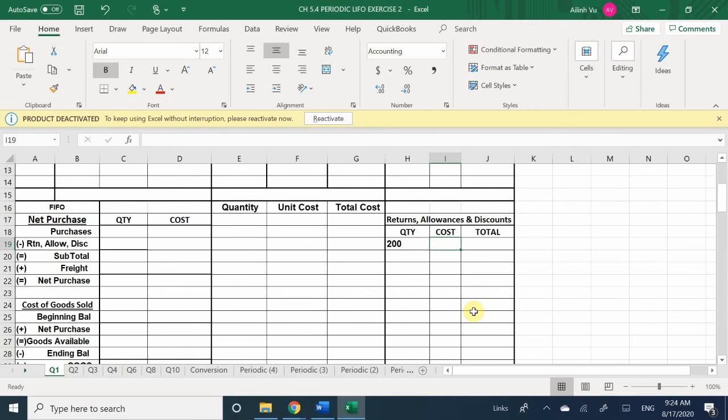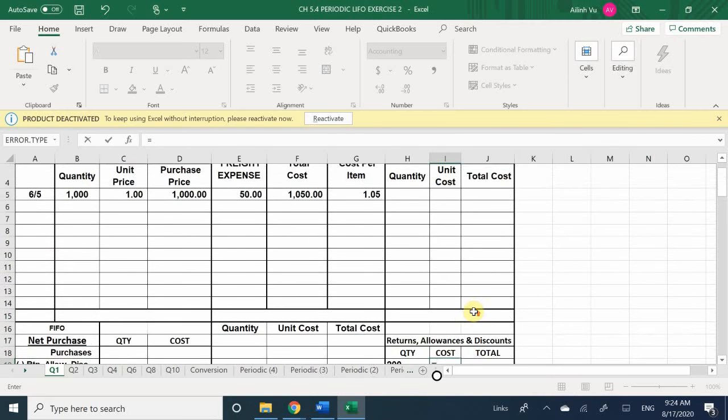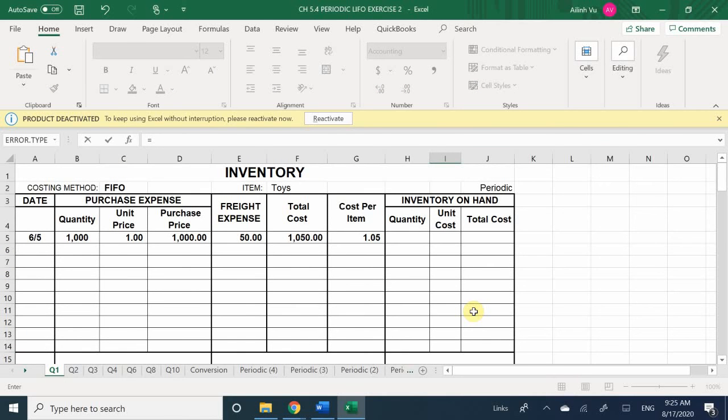Now, at what cost is each item going to be? If it is full cost, it should be 1.05. Okay. Why is that not correct? Because it includes the freight. It includes the freight, correct. Unfortunately, we're not able to do that.